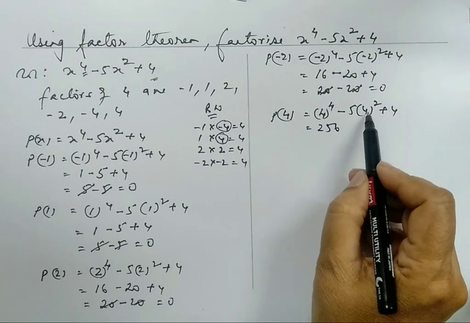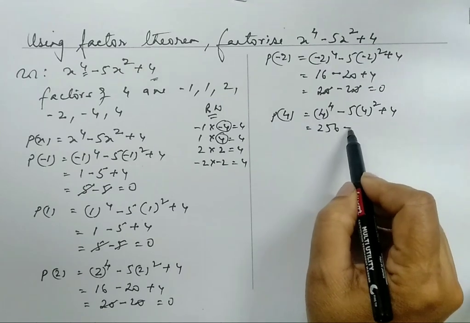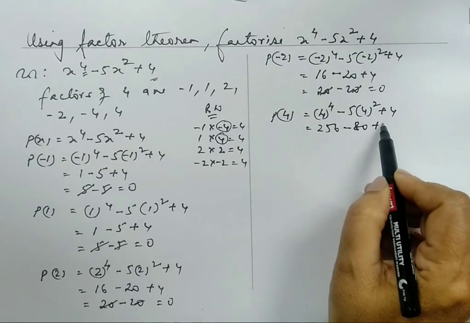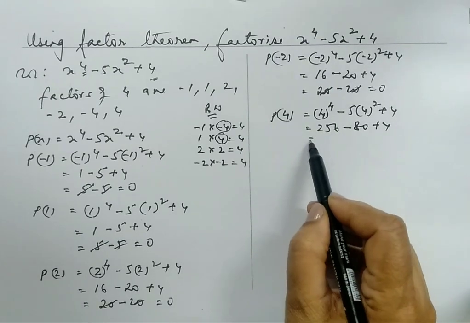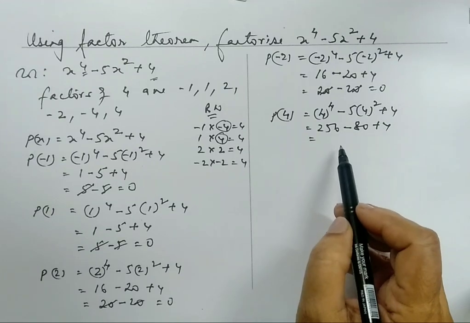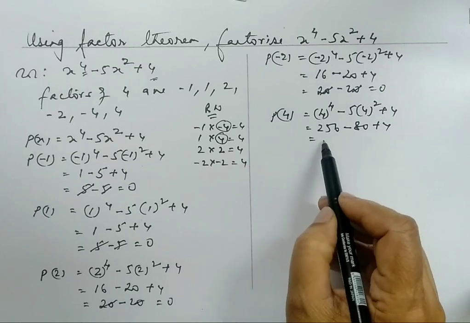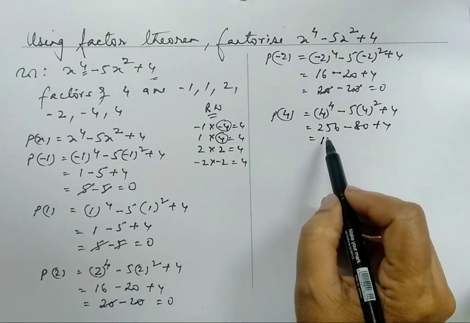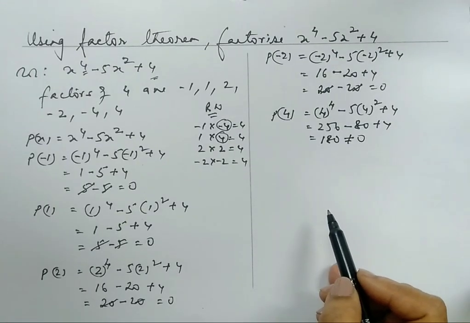And here we have 4 into 4 is 16. 16 into 5 is 80. So we get minus 80 plus 4. So as a result, we get 256 plus 4 is 260. And when we minus 80, okay, we get 180, which is not equal to 0.